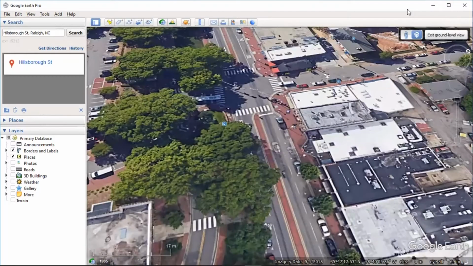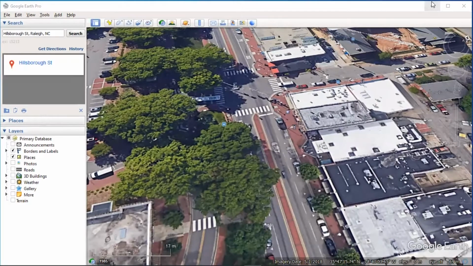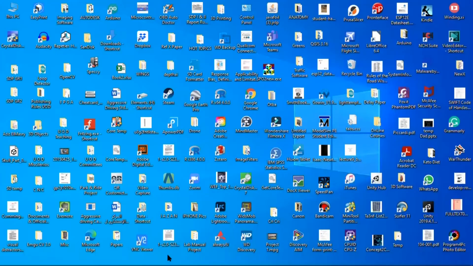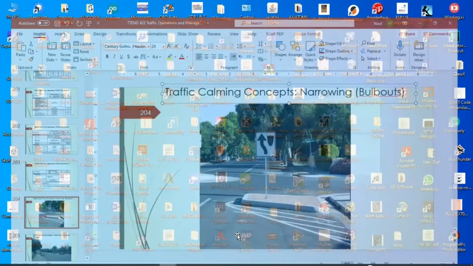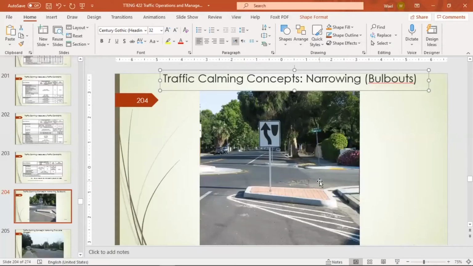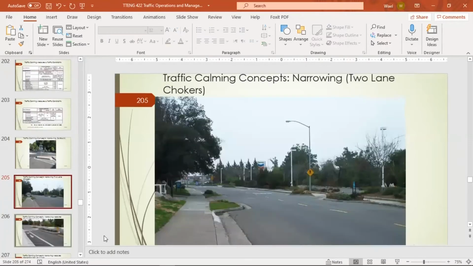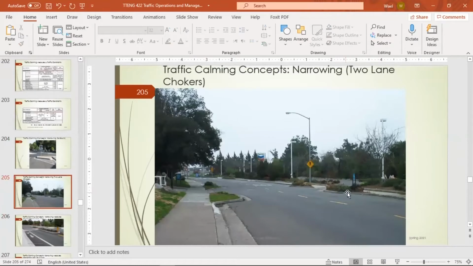Let's go back to our slides. So you understand what it is, okay? So that's narrowing the bulb out, and that's in the middle of the road.